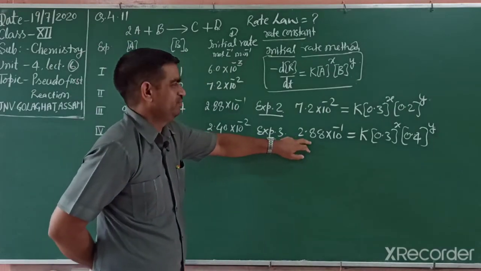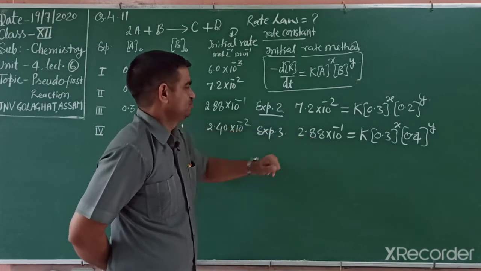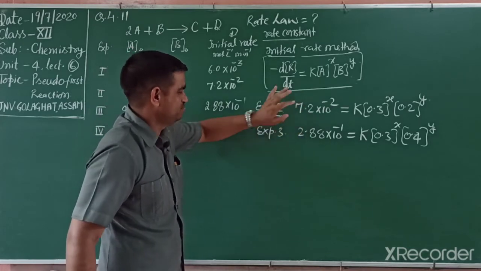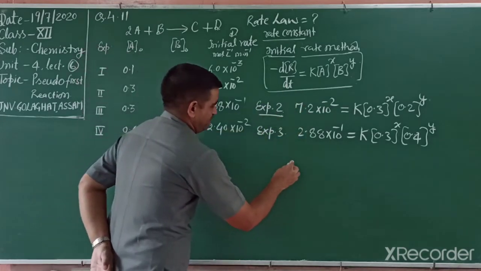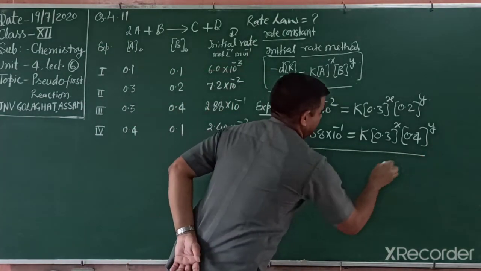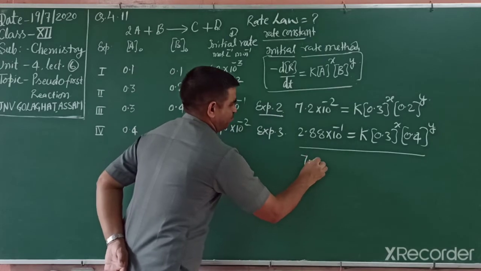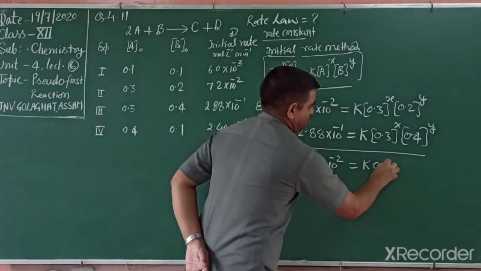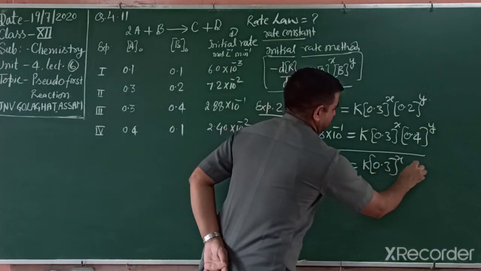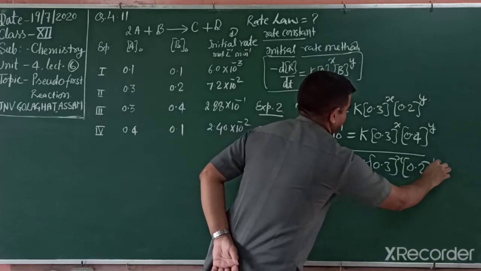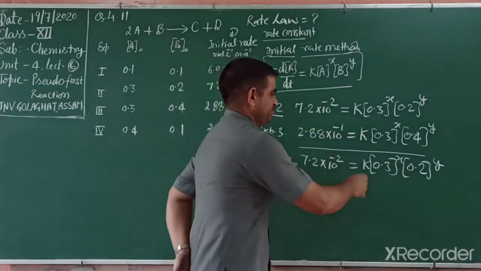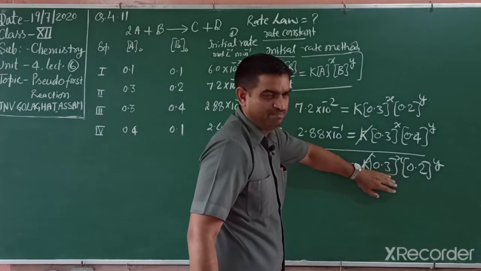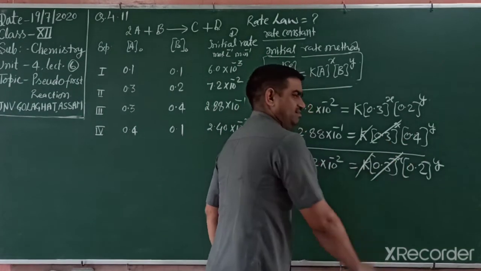What do we observe in these equations? This one has the lower value, this one has the higher rate of formation. So divide equation 3 by equation 2. When we divide, K is the same and cancels, and the same powers of A in the lower side and upper side also cancel.